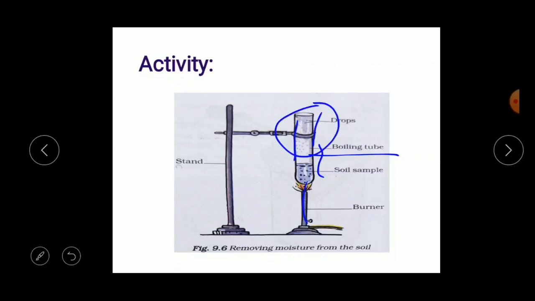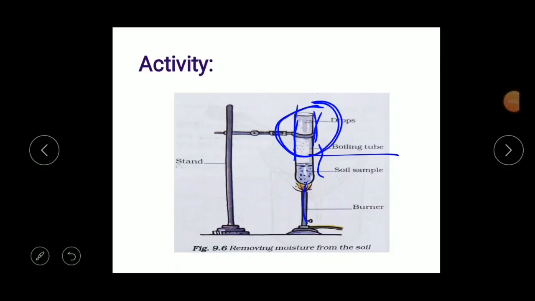This is how we can say that a soil contains moisture. The water droplets on the upper part of the boiling tube show that the soil contains moisture. Understood children?